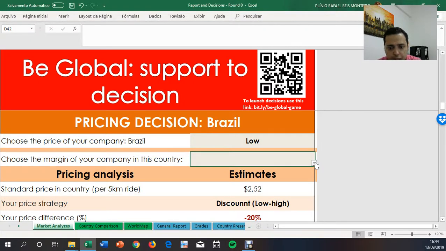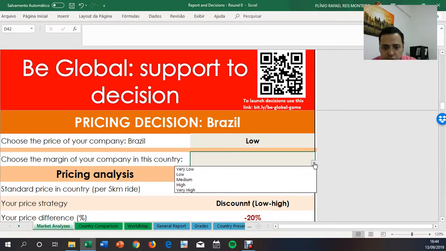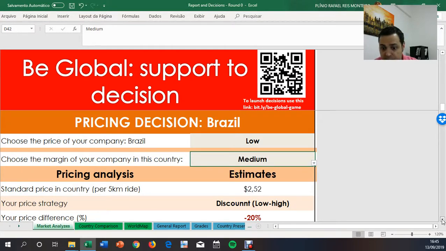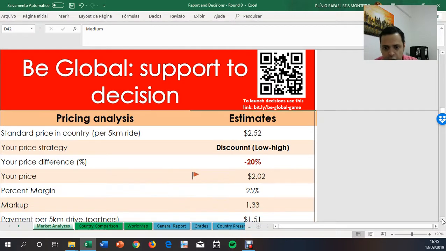Remember, the margin level is basically the percentage of the rides that you are going to receive in the business, because the other part will be paid to the partner driver. So I'm going to use a medium margin level. So let's see what this means in fact.